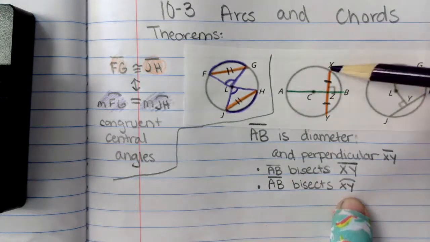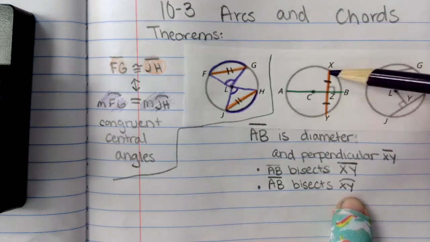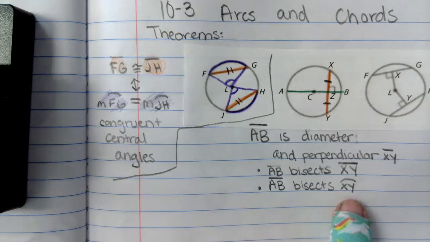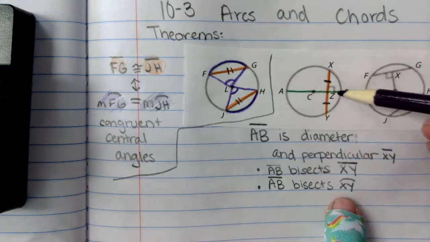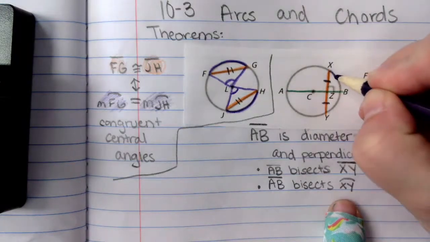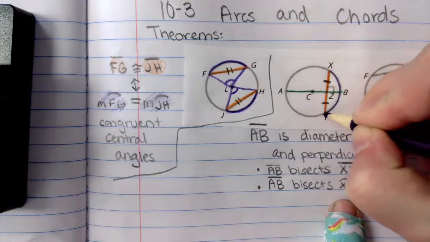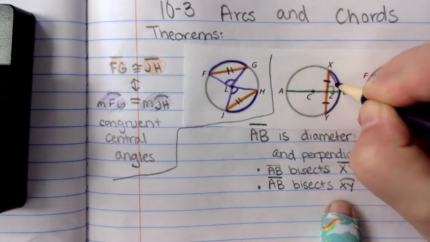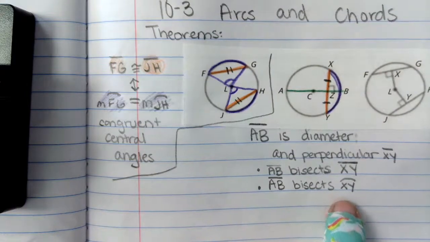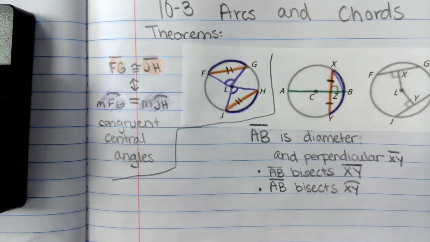Okay, I'm just weirdly drawing in lines to make sure I know the difference between them. Okay, and this one we're going to start again with the chords being congruent. So we know FG is congruent to JH.